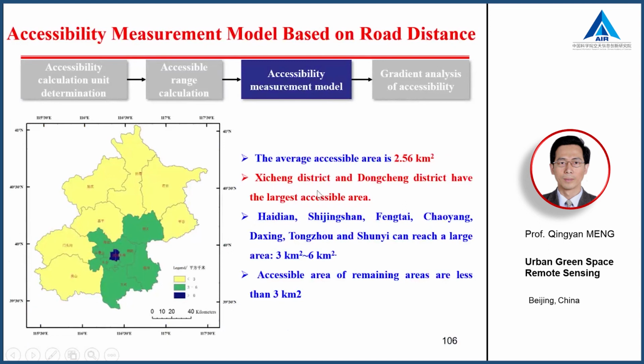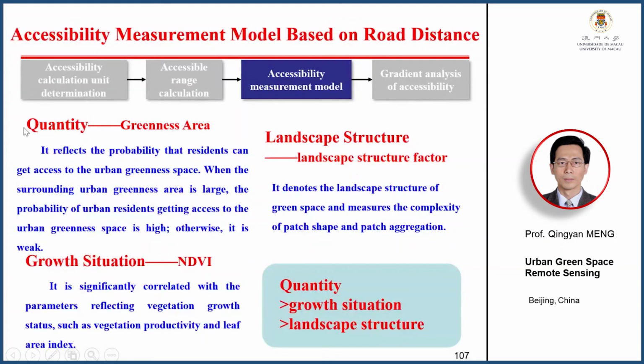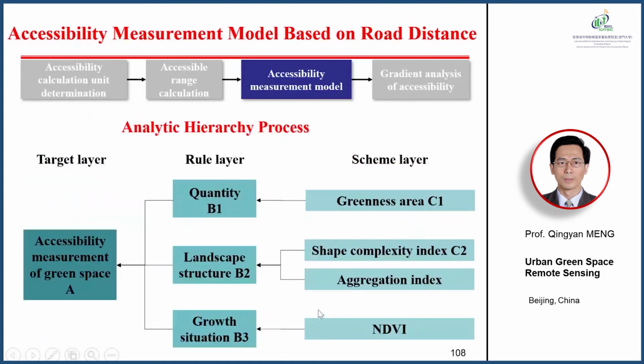And we can compare the Xicheng district. Dongcheng has the largest accessibility area, and the others too. We use the quantity, greenness, and growth situation (NDVI), and the landscape structure factors, and use the AHP method to decide the weight of the rule layer and screen layer, like this.